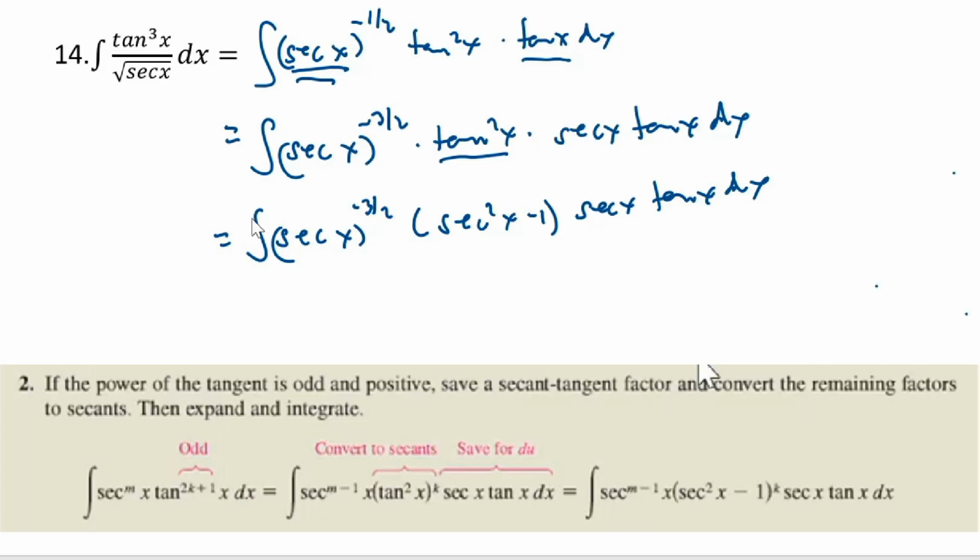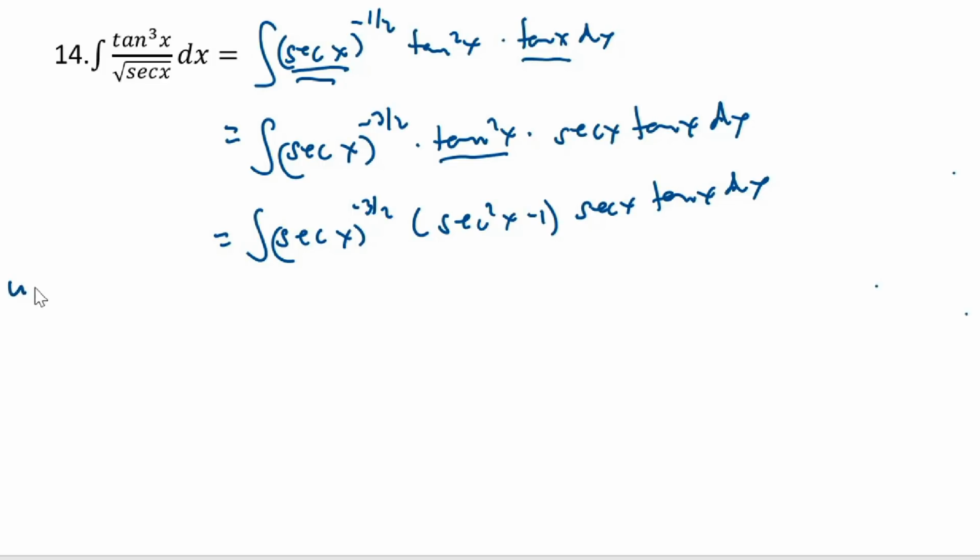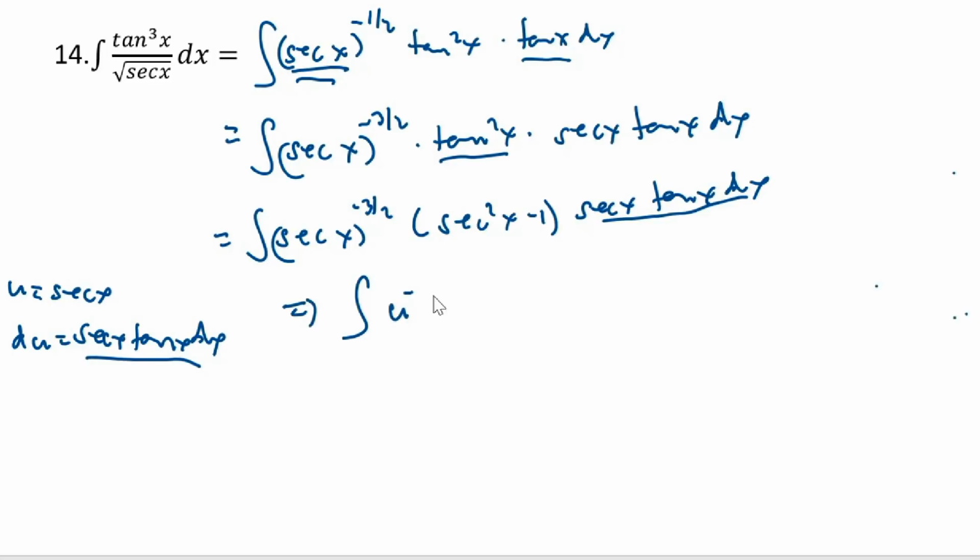So from here, I'm going to write u as secant x, and du will give us secant x tangent x dx, which is actually from the given. So rewriting the given in terms of u and du, I can write the integral of u to the power of negative 3 halves times u squared minus 1, and the meaning of secant x tangent x dx is du, therefore I have du.